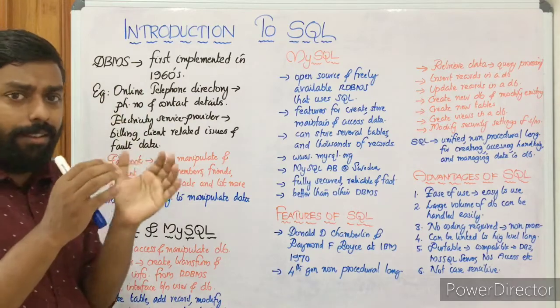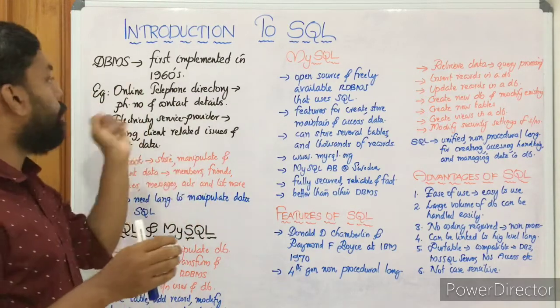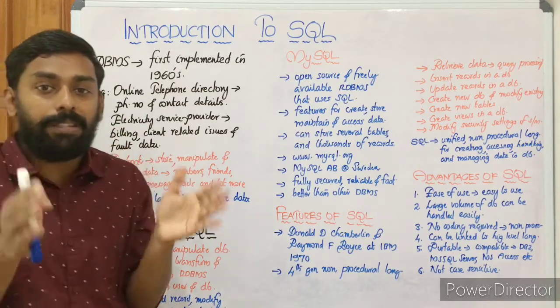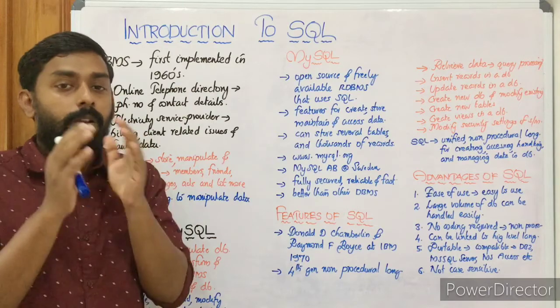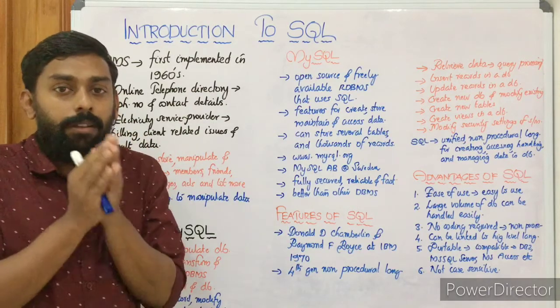Let's have some examples of database management systems. The first one is the online telephone directory. In a telephone directory we have subscribers' numbers, contact details, addresses, and other related data.